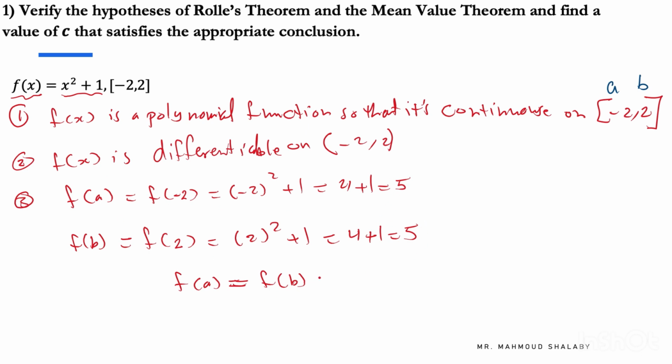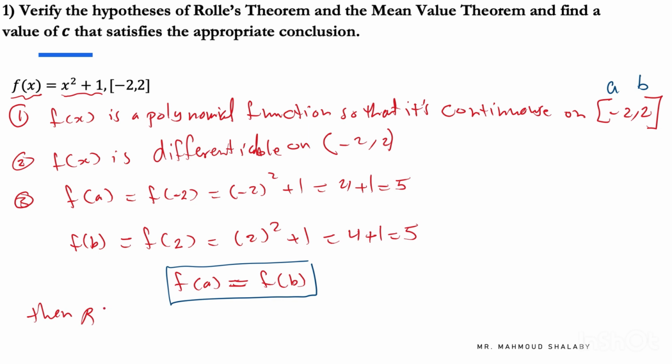If they are, I will leave it as it is. If they are not equal, I will just put the slash here to say they are not equal. As long as now we have f of a equals f of b, in this case I can say that Rolle's theorem will be applied.